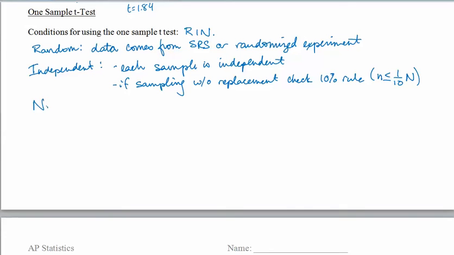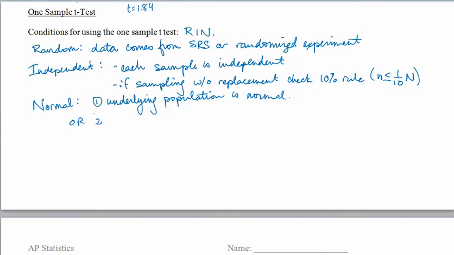And finally, normal. There are three different cases. Either the underlying population is normal, and if that's true, then you can go ahead.